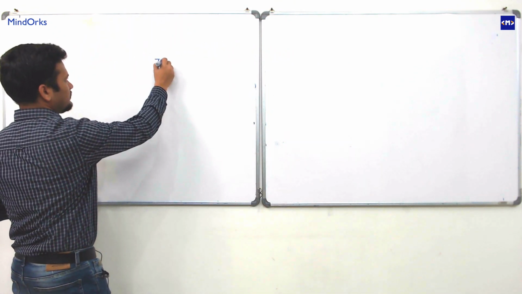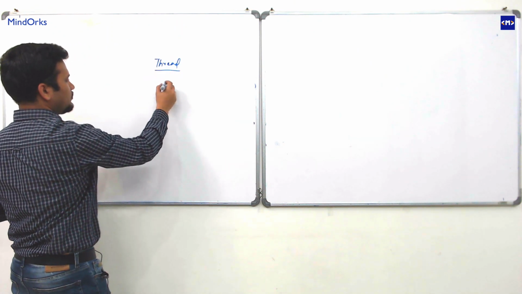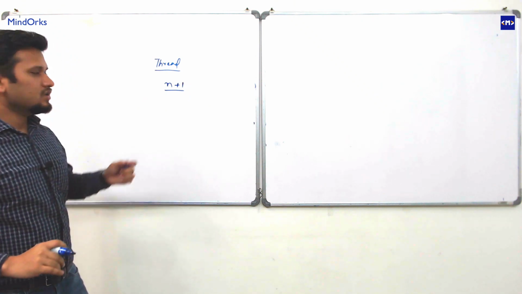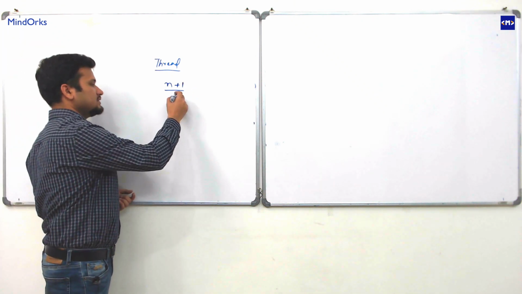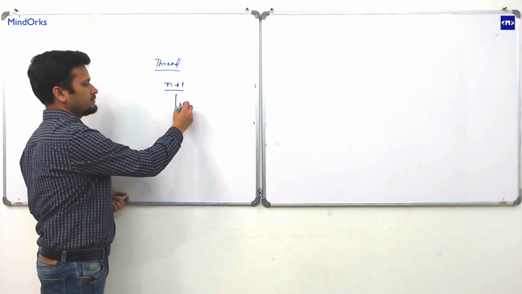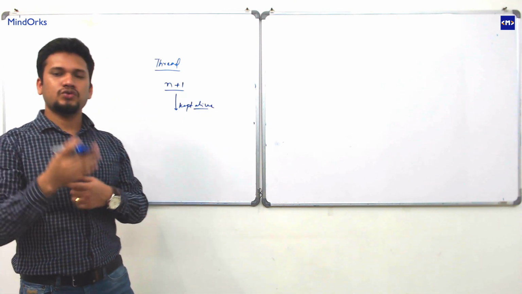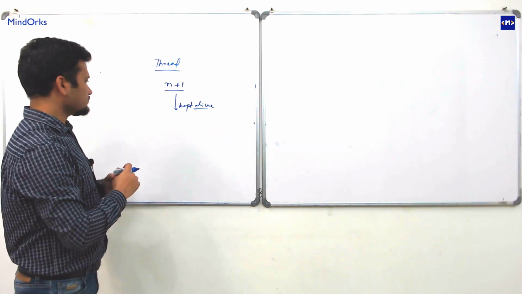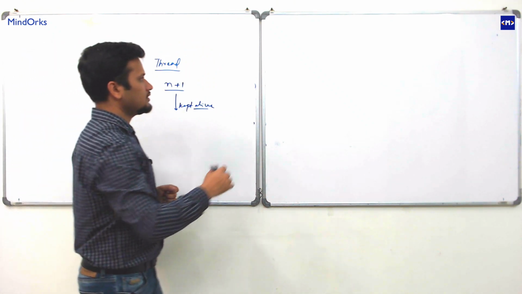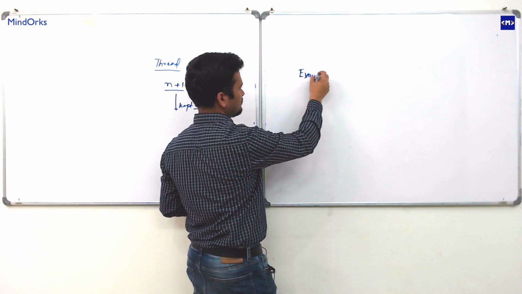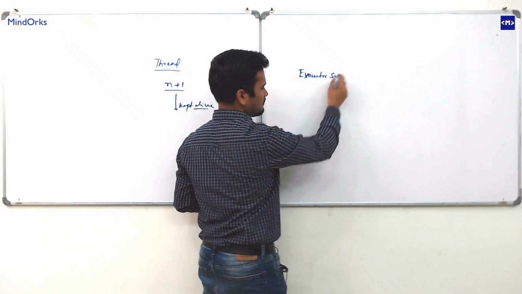Suppose the number of cores is n and we create n+1 threads. We want these threads to be kept alive and utilized to do tasks. To do that we have got executor service.